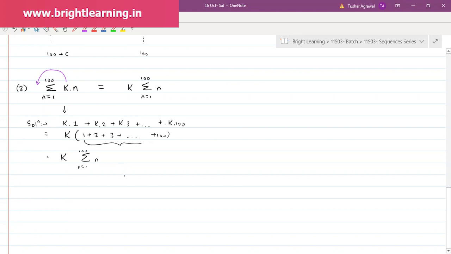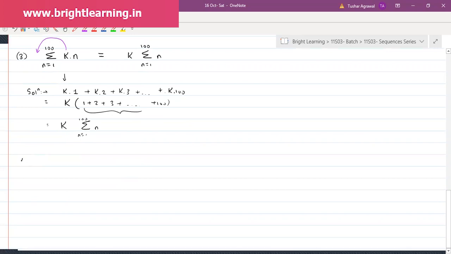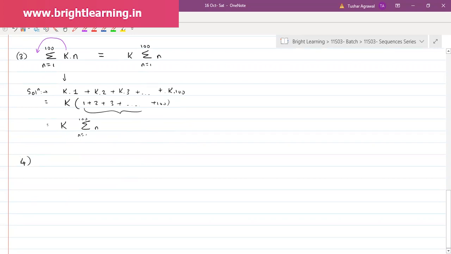Now it's a summation of n plus c, where n varies from 1 to 100, the property that we have seen earlier.